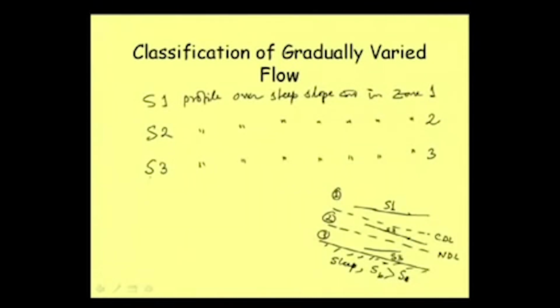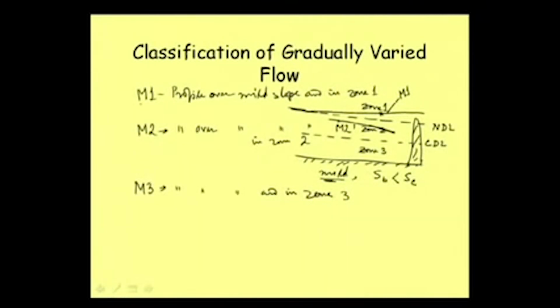Similarly, in steep slope S represents the slope and this digit represents on which zone it is. Similarly, here M represents mild slope. So, first letter always represents the type of bed slope and the second digit represents in which zone it is.